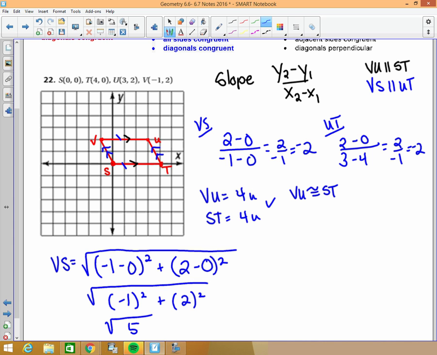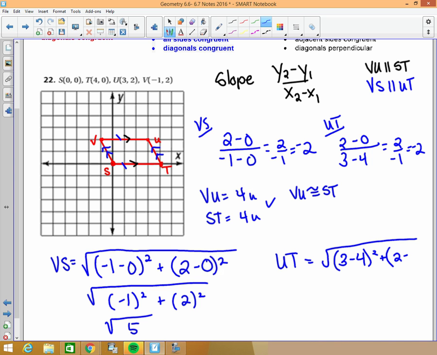Yeah? So we have to do the same thing for UT. Now, what do you think we're going to find out for UT? That they're probably going to be the square root of 5 also, right? It's probably going to be congruent. All right. So what's the x coordinate for U? And the x coordinate for T? Okay, and what is the y coordinate for U?